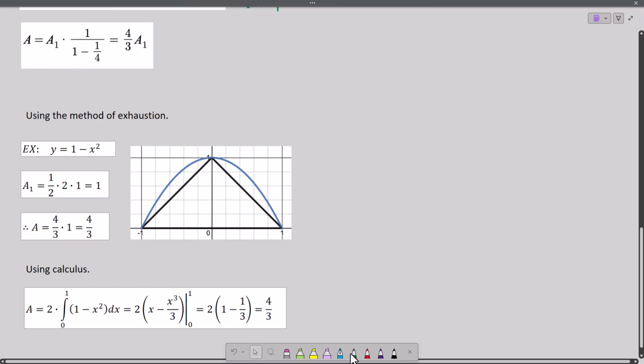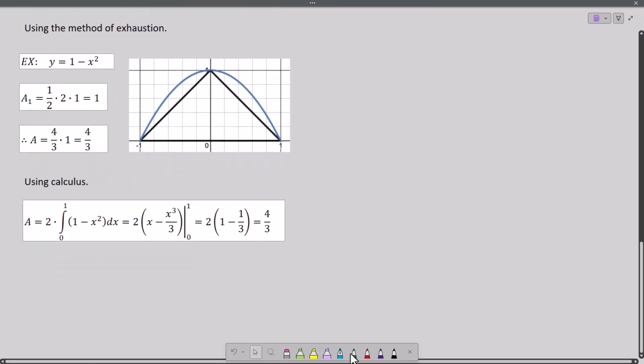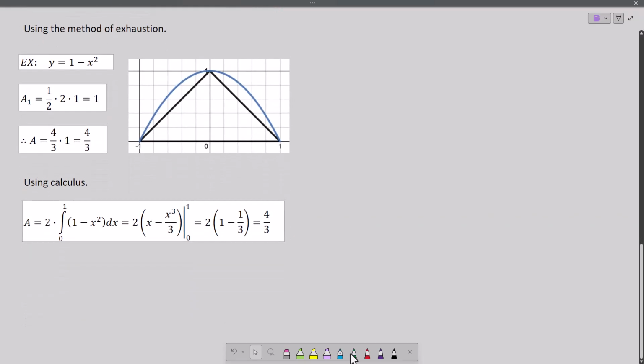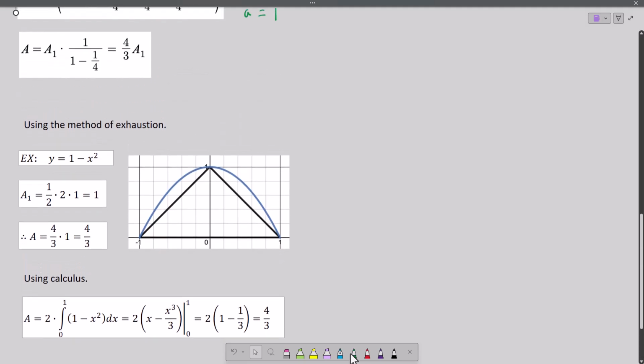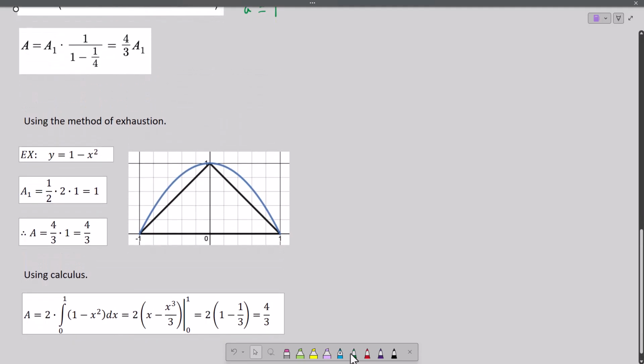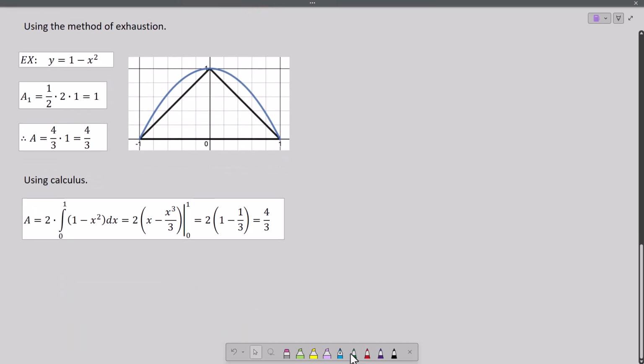So for example, if we choose this parabola, 1 minus x squared, the blue parabola, then the isosceles triangle that we build is the black triangle, which has area half base height, which is 1. And according to the method of exhaustion, we take whatever that initial area is and multiply by 4/3. So the initial area is 1 for the black triangle, multiply it by 4/3. That's the area under the parabola according to the method of exhaustion.